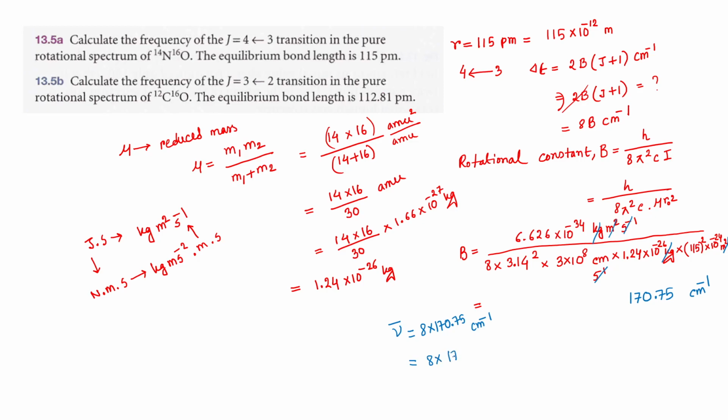c, which is the speed of light, 3 into 10 to the power 8 meter per second, and you get the frequency in hertz.